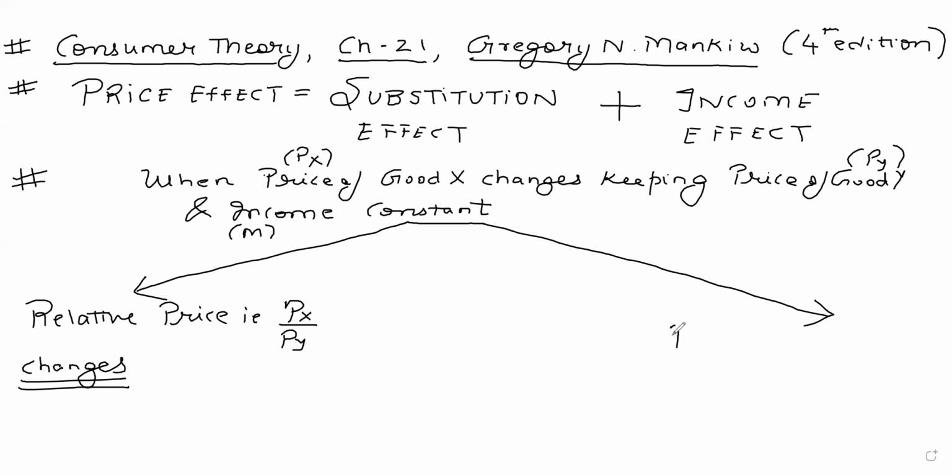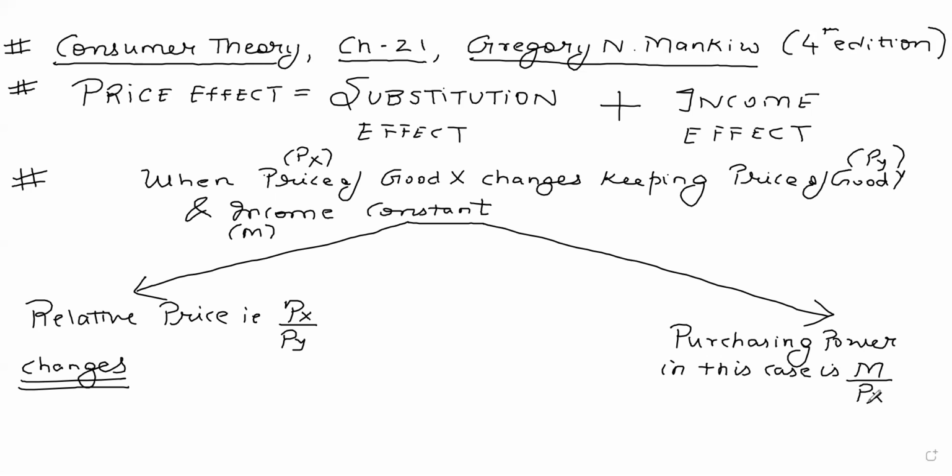Okay, so this is one change. Another thing is my purchasing power. So how do we capture purchasing power? Which price is changing in this particular case? Price of good X. So purchasing power in this case is my income divided by my price of the commodity which is changing.